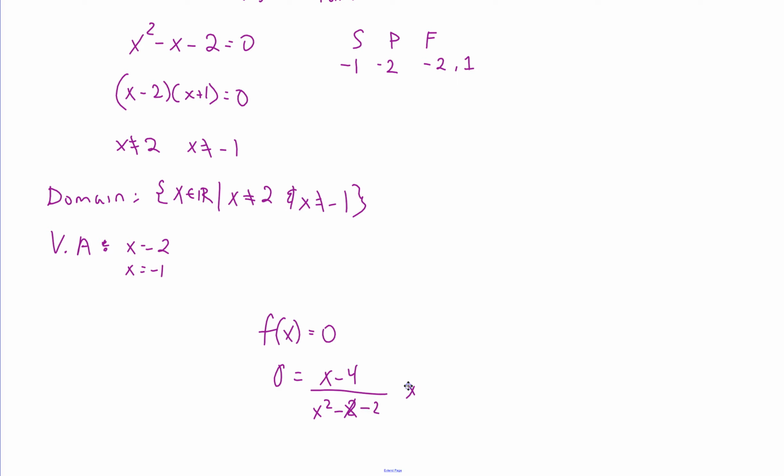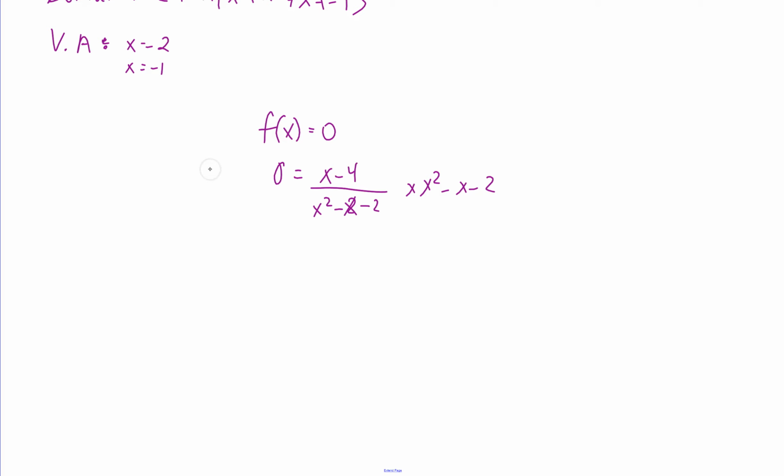If we multiply both sides by the denominator, it's just going to give us 0, so we have 0 is equal to x minus 4. So we have x is equal to 4. That's our x-intercept.